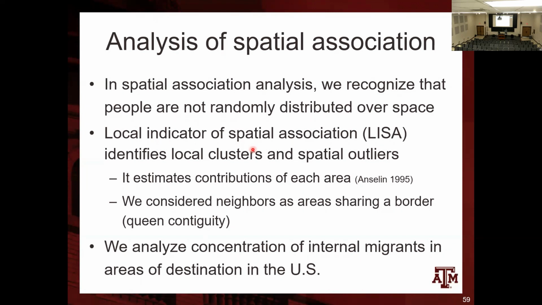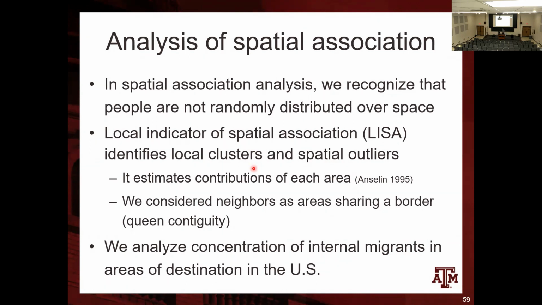And some areas that do not have as many immigrants coming to them, but a lot of immigrants going to surrounding areas. So these are called local clusters and spatial outliers. Local clusters are high immigration surrounded by high, low immigration surrounded by low, and spatial outliers are the opposite: high surrounded by low and low surrounded by high.